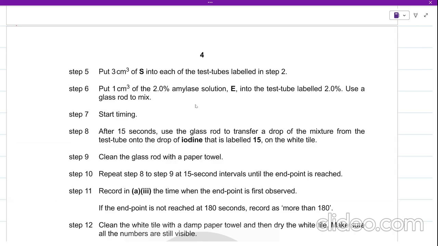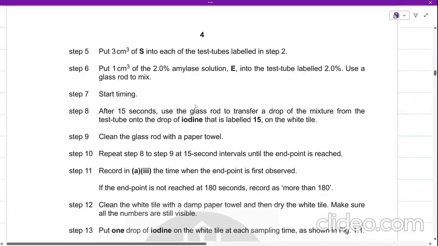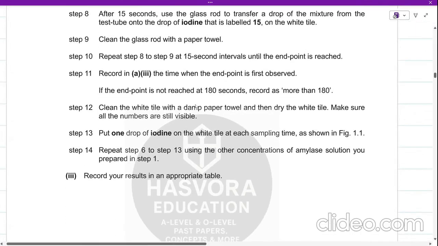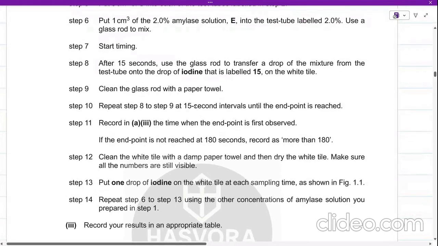After 15 seconds, use a glass rod to transfer a drop of the mixture from the test tube into a drop of iodine labeled 15 on the white tile. Clean the glass rod with a paper towel. Repeat steps 8 to 9, which means after each 15 seconds we place a drop, and record in A3 the time when the endpoint is first observed.